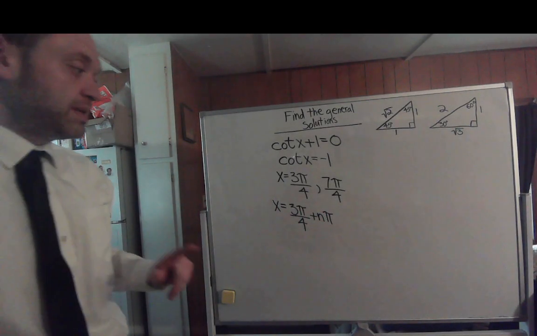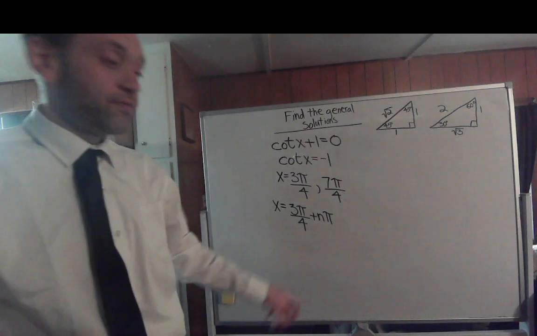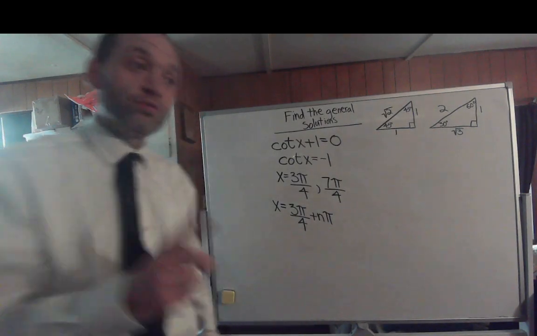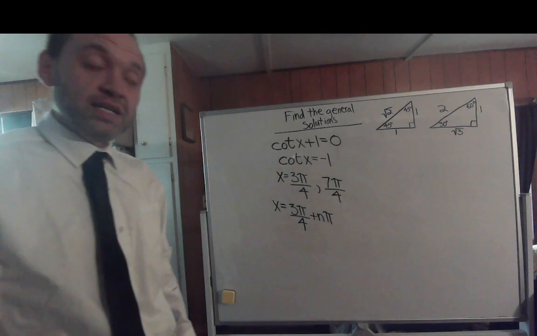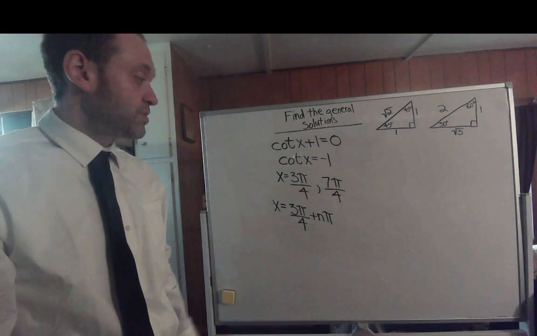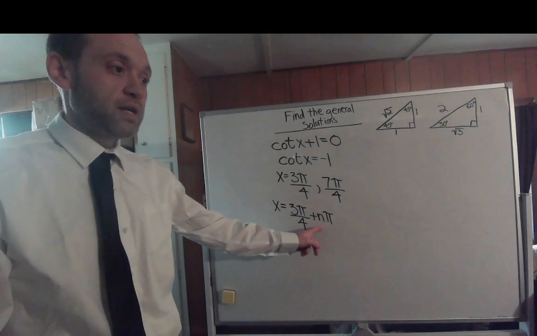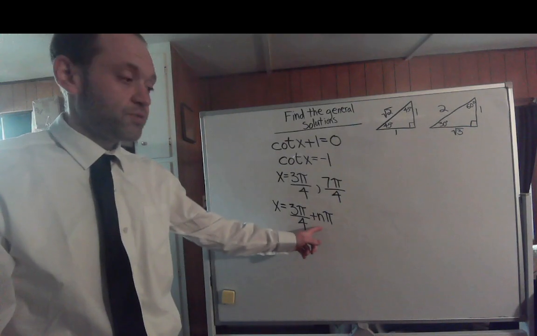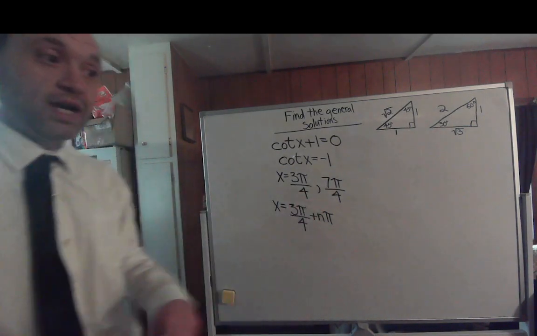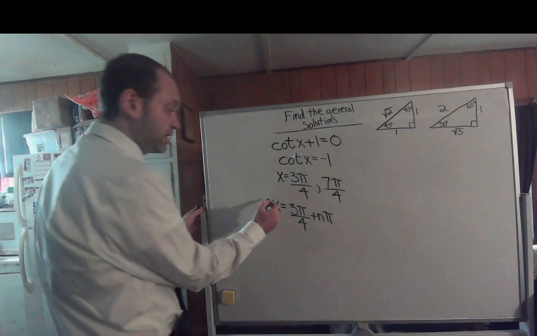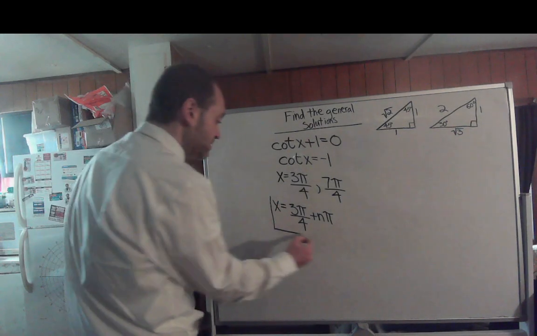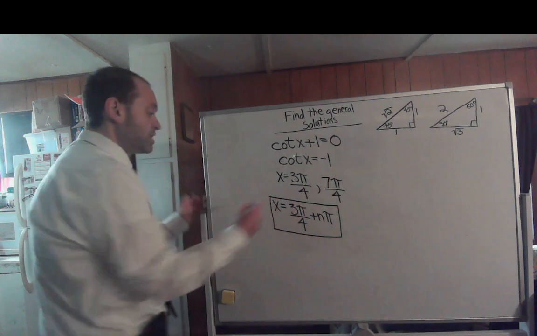And then you might be tempted to write 7 pi over 4 plus n pi, which you wouldn't be wrong, but it's unnecessary. The reason is because let's say I make that n 1, and I just add pi to 3 pi over 4, I'll get 7 pi over 4. So really, you would just be listing the same solution twice.